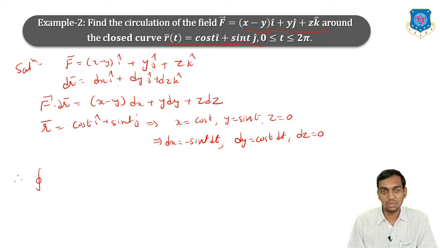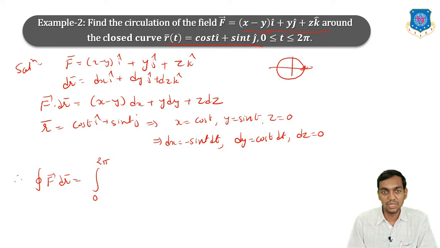Circulation is over a closed curve, so the integral of f dot dr will be an integration from 0 to 2 pi, because for the limits of t, if you rotate the angle, it will be a whole circle, starting with 0 and ending at 2 pi.